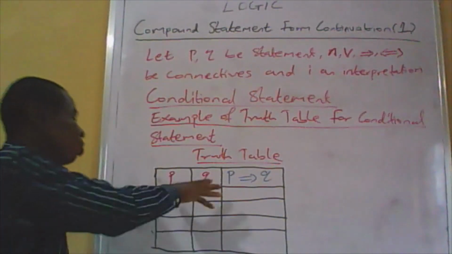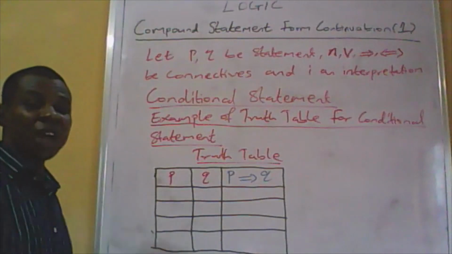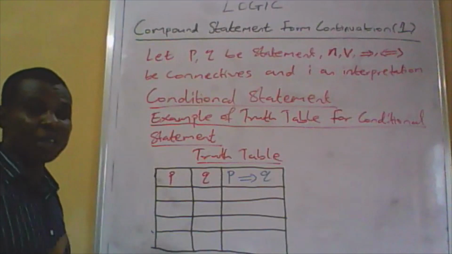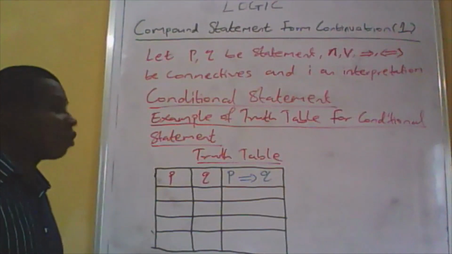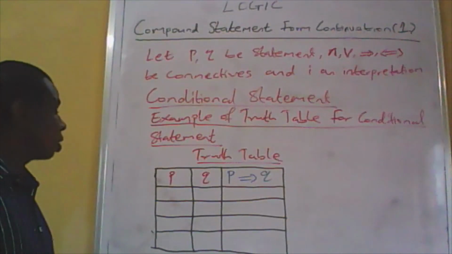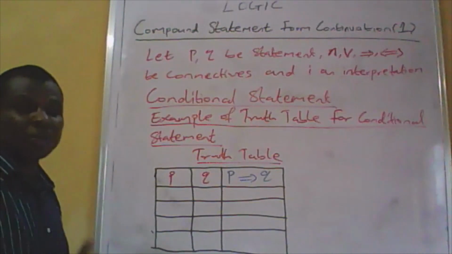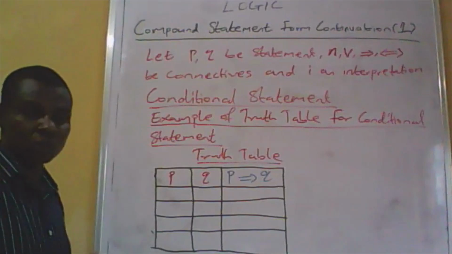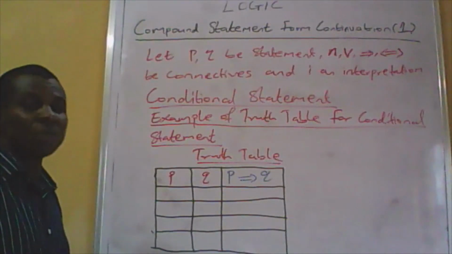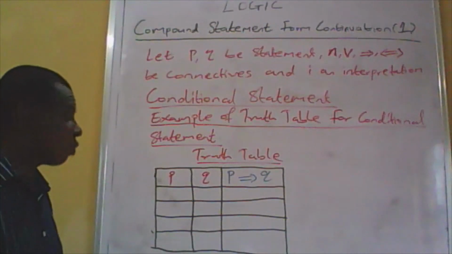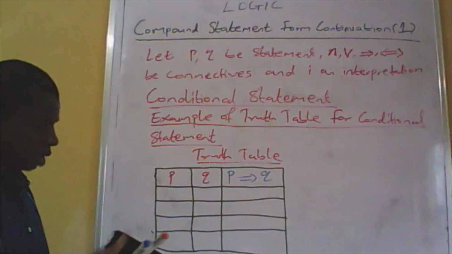Since we have 4 rows, we divide them into 2, that means 4 divided by 2, which is 2. So we make sure the first 2 rows contain T, that means truth and truth. Then the last 2 rows, the third and fourth rows, contain F, that means false and false. See what we mean here?